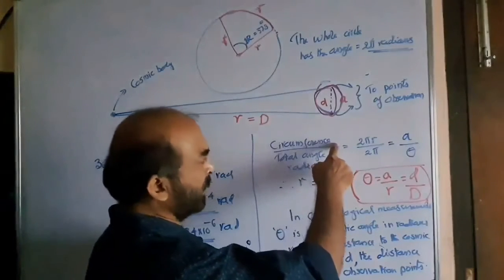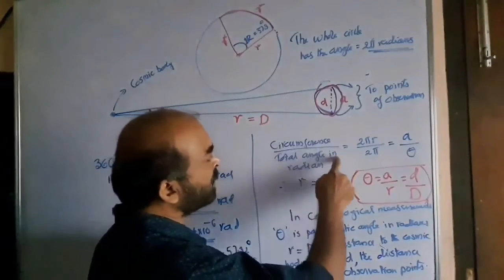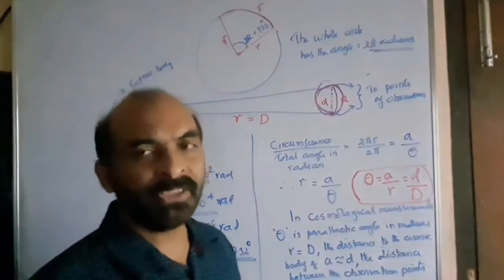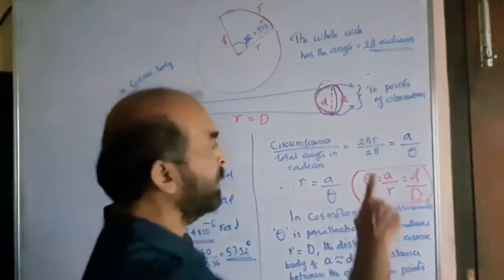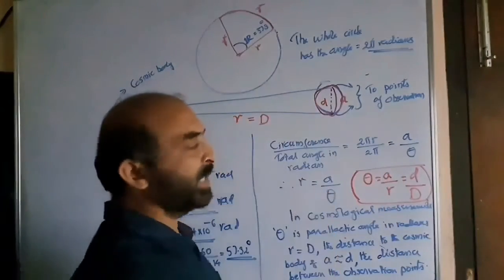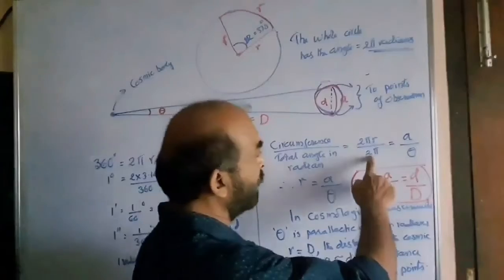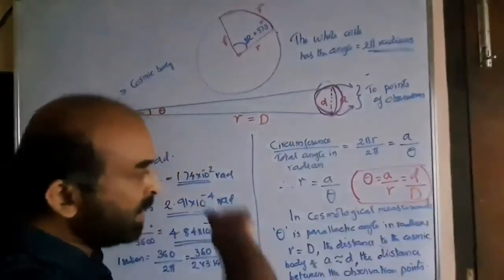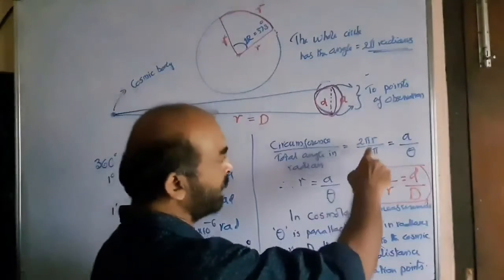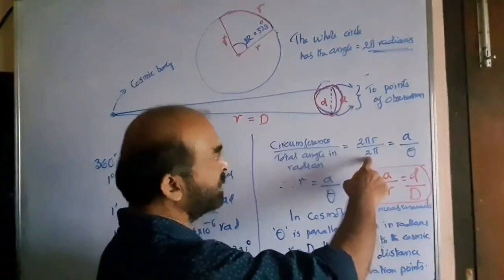Circumference of a circle divided by total angle in radian. What is the circumference of a circle? It is 2 pi r. What is the total angle in radian? 2 pi. So the ratio of total circumference to total angle is 2 pi r by 2 pi, isn't it?